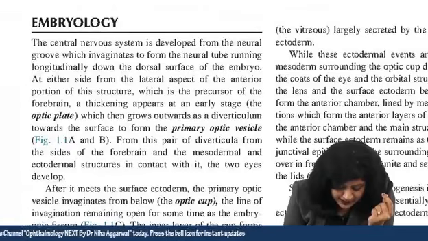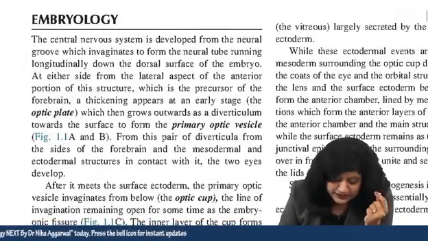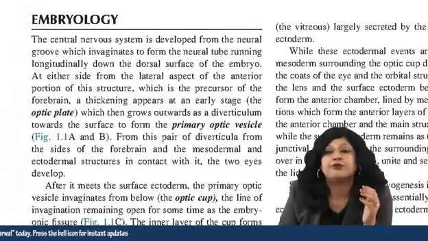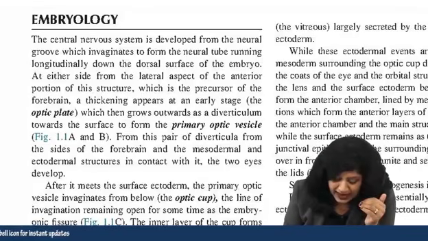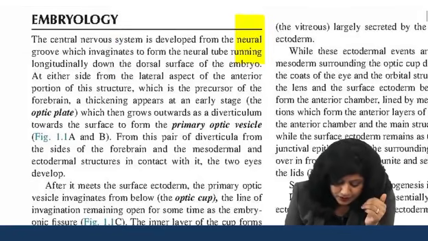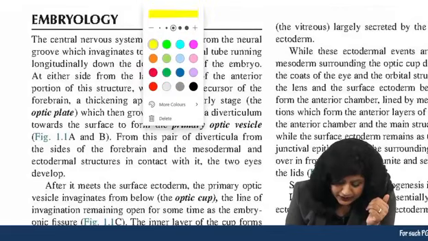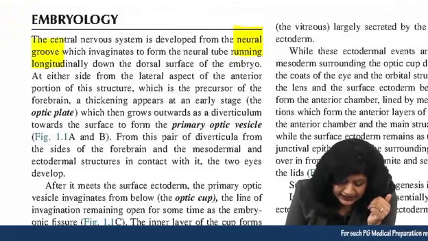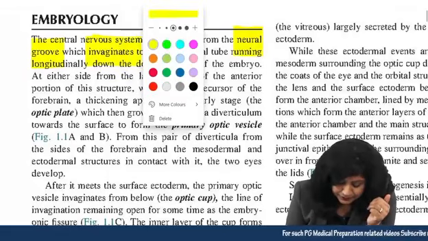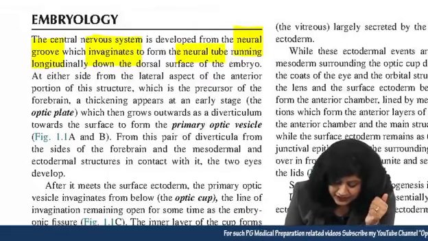So if you see here, what they are trying to say, the central nervous system is developed from the neural groove, and this neural groove is actually invaginating to form the neural tube.